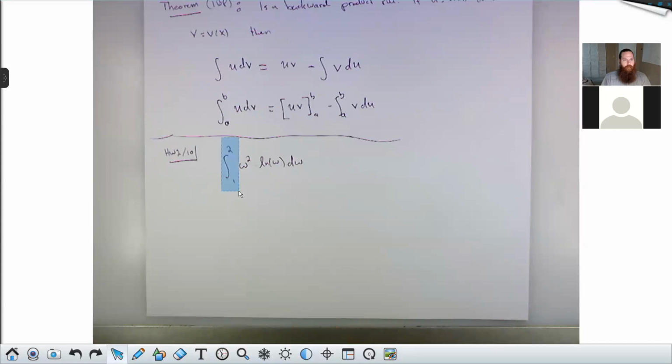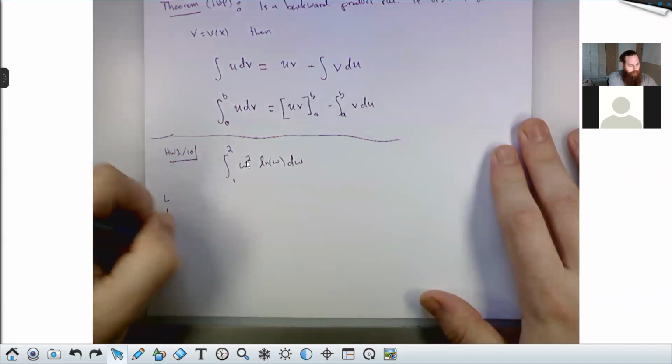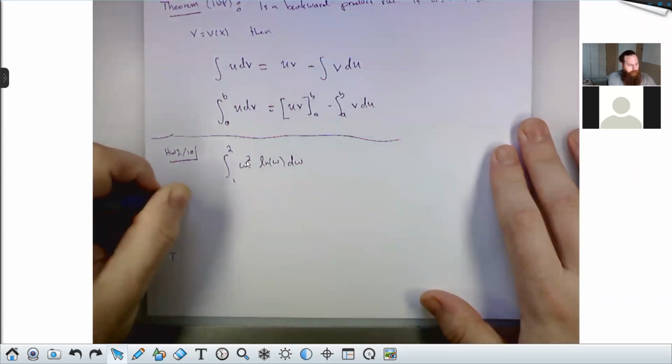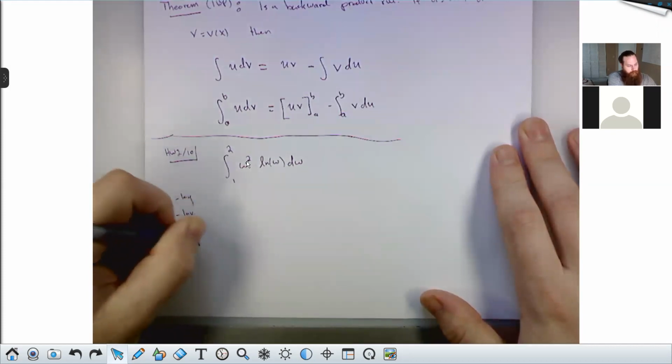And it's a definite integral running from 1 to 2, so we're going to use this bottom formula. I have to pick parts of my integrand to call u and parts to call dv. If I think about my LIPET rule, L-I-P-E-T, remember this is log, inverse, polynomial, exponential, and trig.